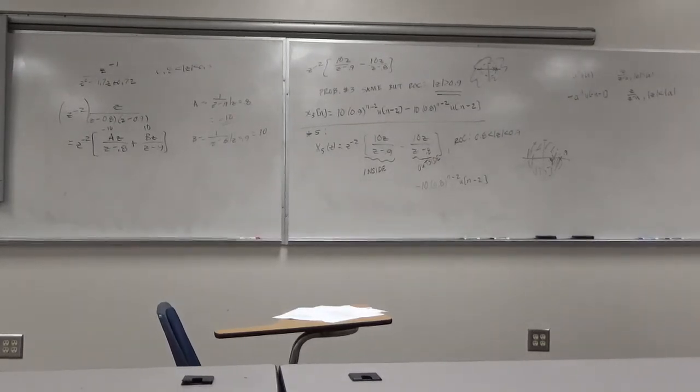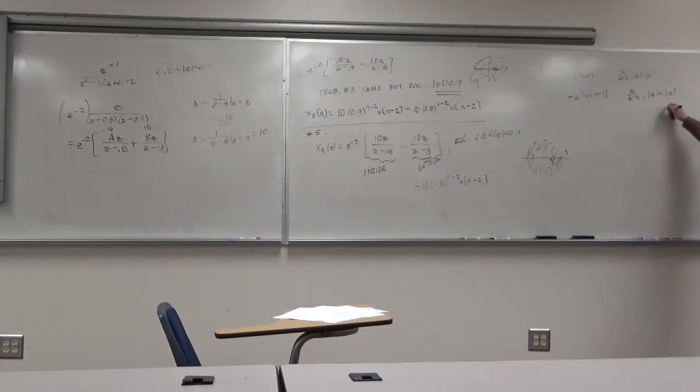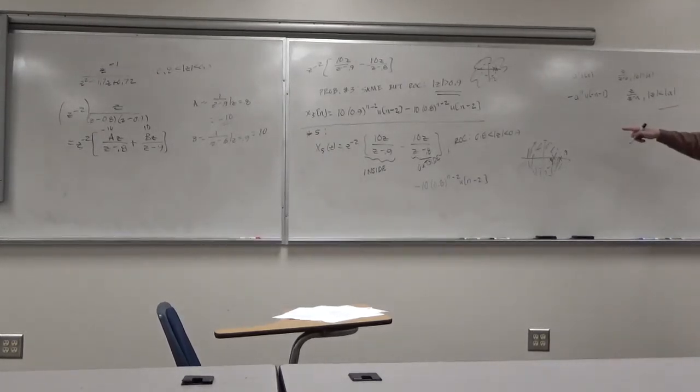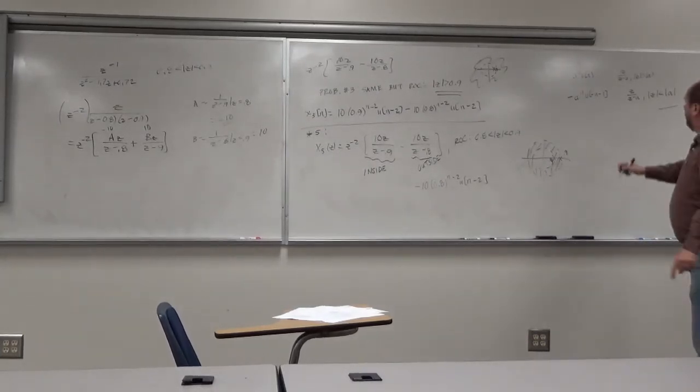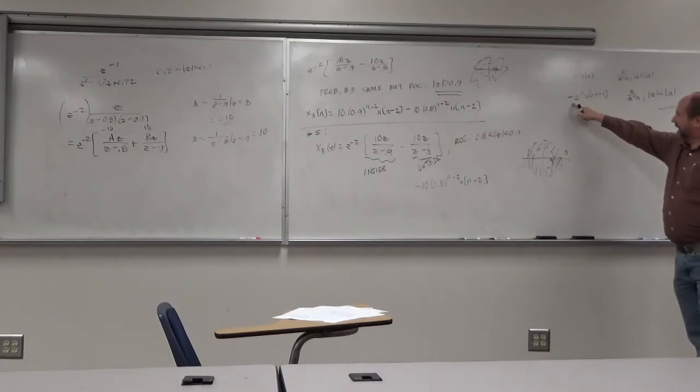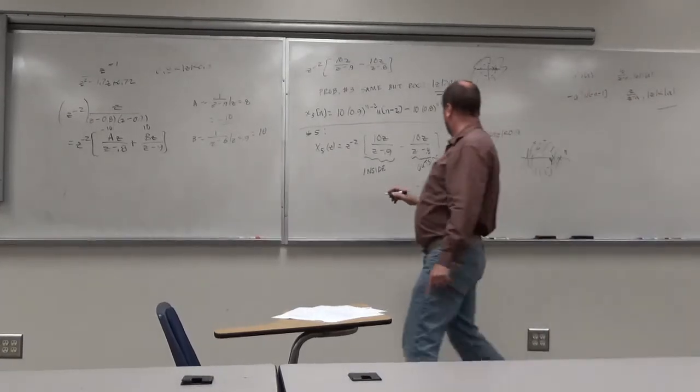Okay, so, first one. It's inside the pole. Which one of these is it? Number 1, number 2? Which one's inside the pole? Magnitude z less than 0.9? You see that? Okay, so what does it say? I've got a negative, so there's a negative 10.